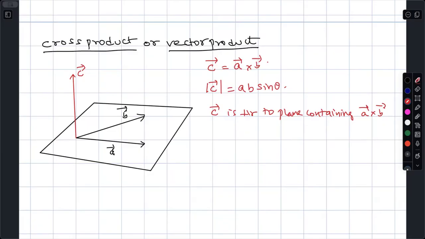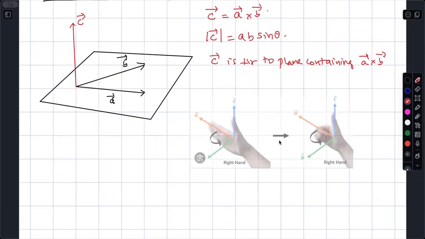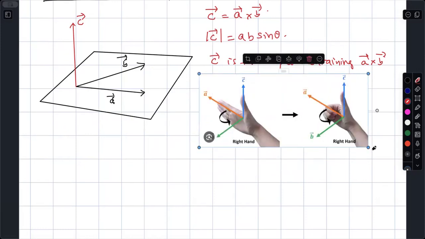But still, I am taking up this diagram. Follow carefully.